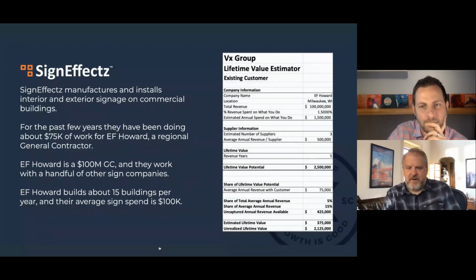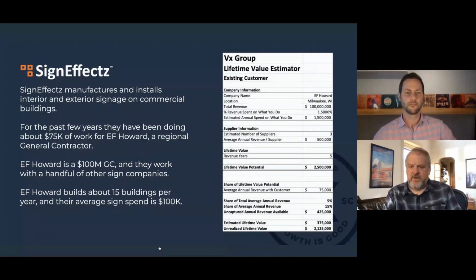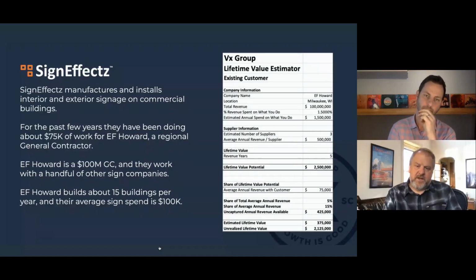And let's say, for example's sake, there are 3 different suppliers. So the average annual revenue per supplier is $500,000. If you can build a relationship there and grow and keep that business for 5 years, and many businesses keep their relationships for much longer than that, you've got a calculated lifetime value potential of $2.5 million. Okay, so pretty good business.